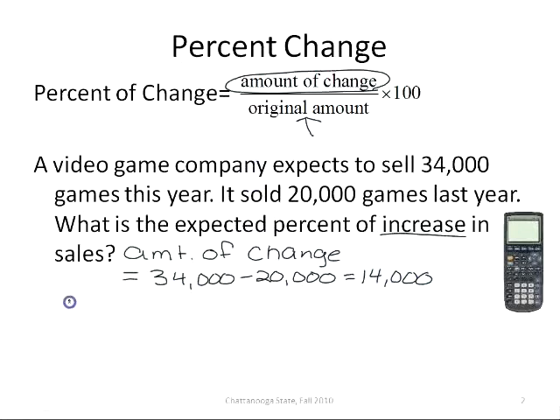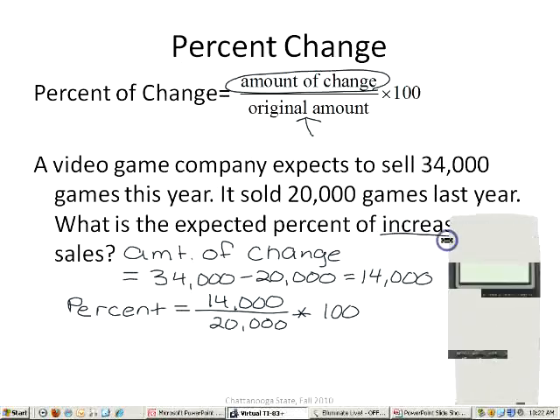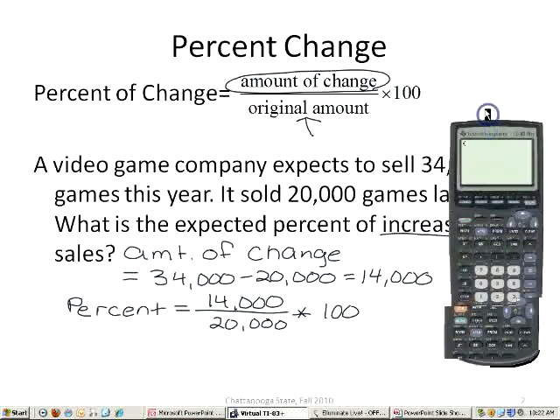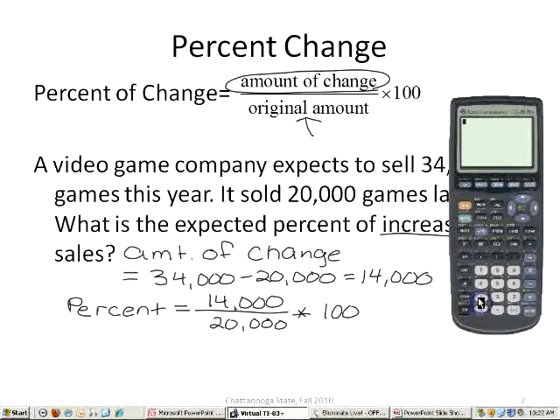So to work this out, my percent of change will equal 14,000 divided by 20,000 times 100. The 20,000 was the one that happened first, so that's the one that goes in the denominator.